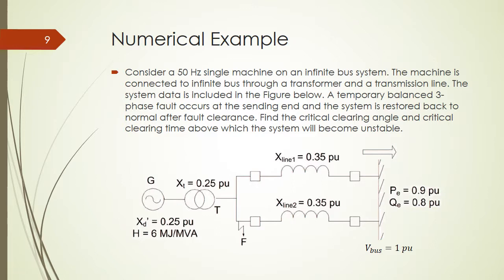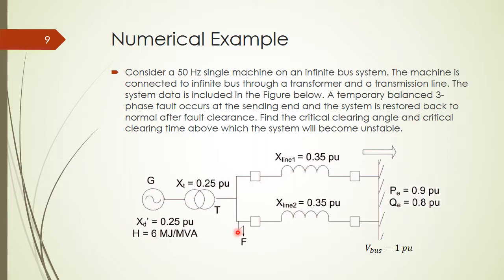So next, let's have a look at a numerical example. Here we have a 50 Hz system. There's a single machine generator connecting to an infinite bus. It sends power to the infinite bus and the power is given here. The bus is infinite and the voltage is constant at 1 pu. All the parameters are given.